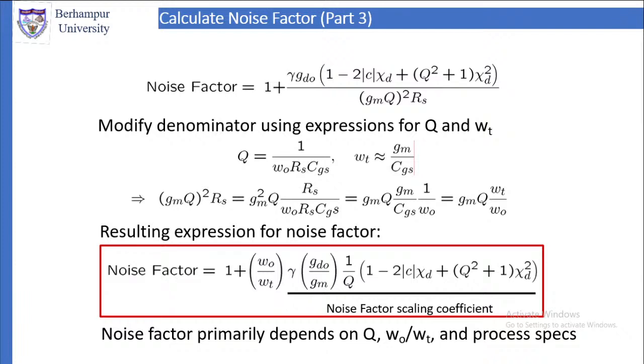So this will be Gm square into Q into RS by omega 0 RS into CGS. From where do we get this? Because Q is equal to 1 by omega 0 RS CGS, so Q square is equal to Q into Q, that is equal to Q by omega 0 RS CGS. That is what we are using here. So that we can write as Gm into Q into Gm by CGS into 1 by omega 0.